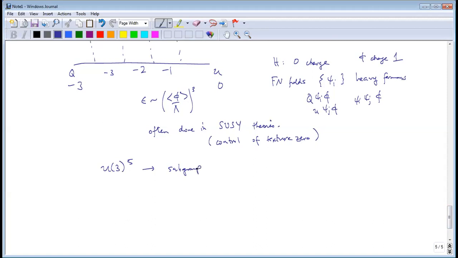Another option you can consider is that since the top quark Yukawa coupling is order 1, okay, all right, it's Friday, I'm losing my ability to spell. Then you often want the top quark Yukawa coupling to come from a renormalizable operator, meaning you want it to be allowed at tree level by the symmetry.